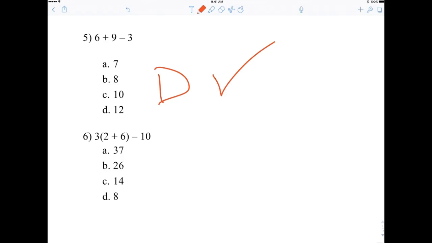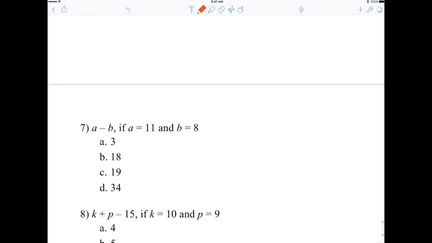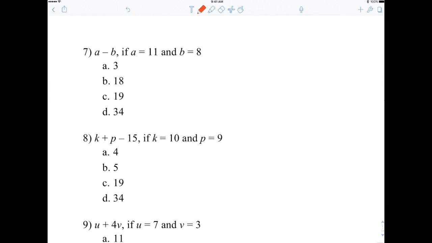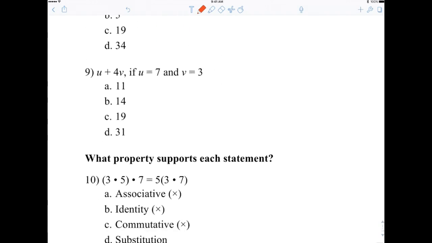Now I'm on question number 7. A minus B. If A is 11 and B is 8, that makes the answer A. I told you, very easy. So far, so good? Number 9.